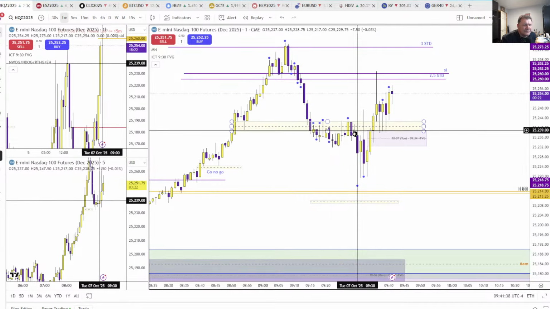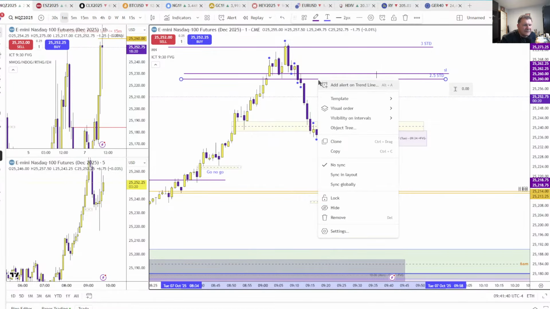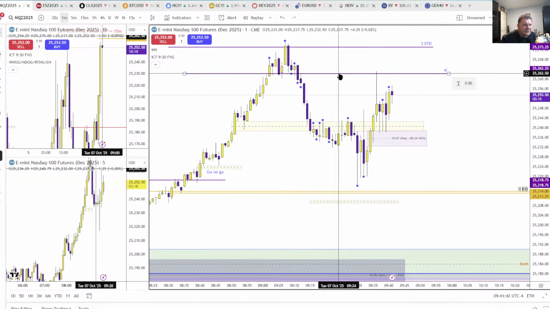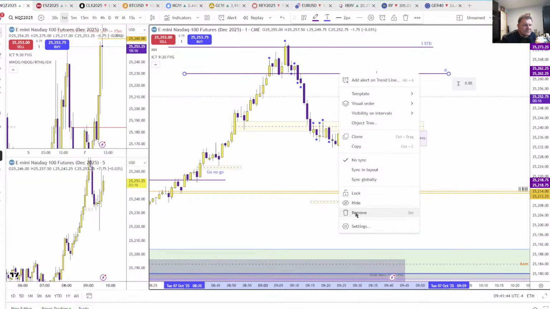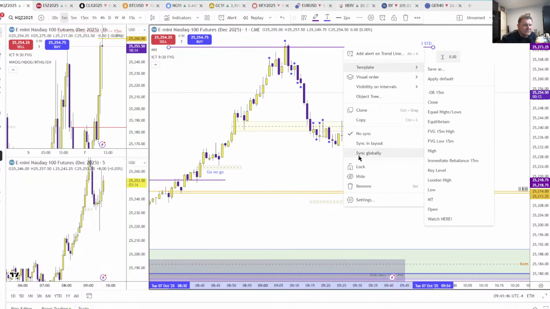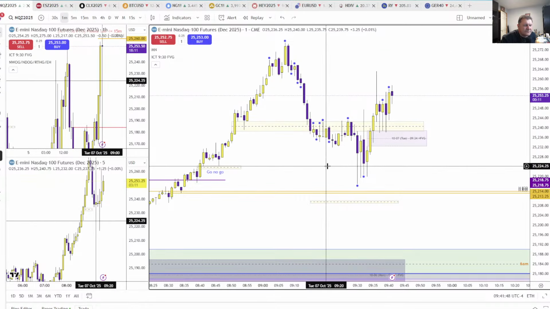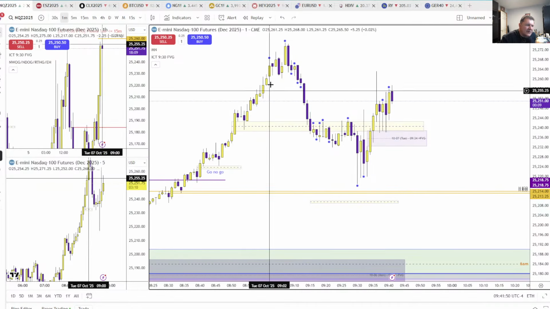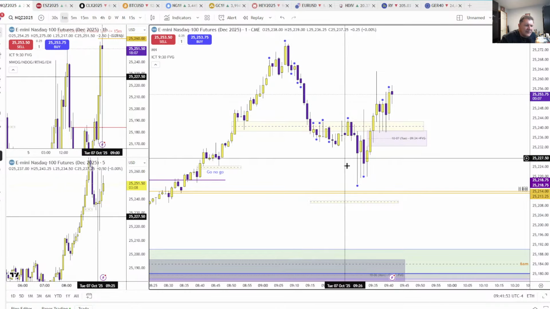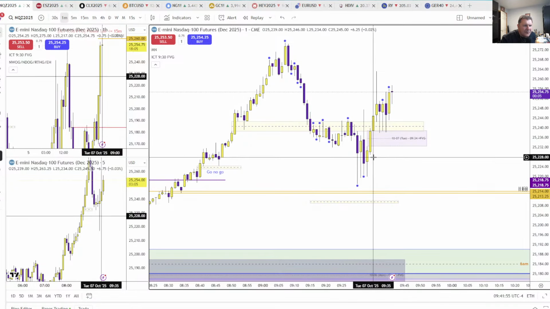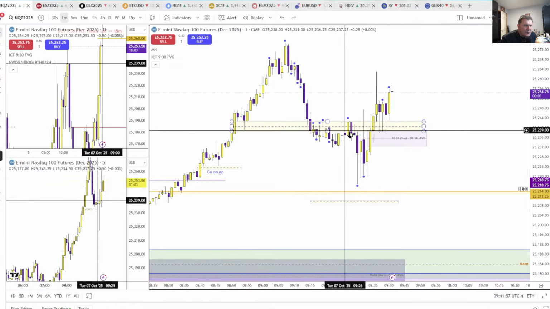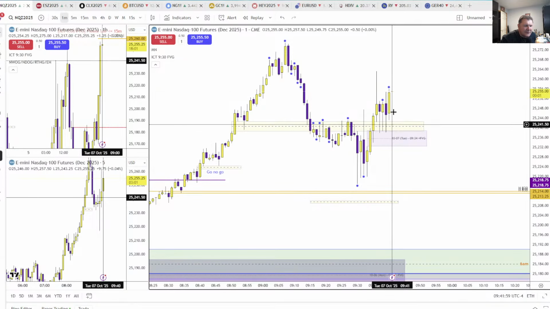Now we're going higher. Let me get all these standard deviation things out of the way here. So you could have caught this run up, take profit model 3, take profit model 3, and then wait for market structure shift, enter long.